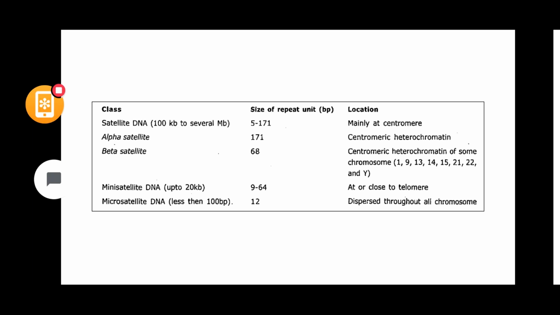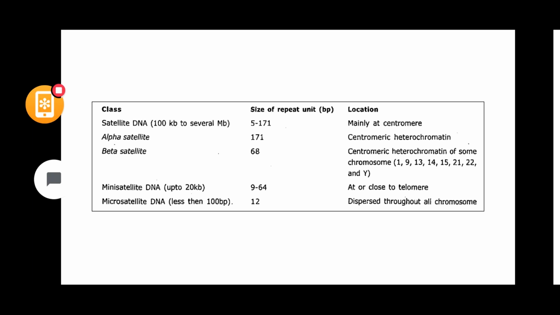Now the minisatellite DNA cluster size is up to 20 kb, with a repeat unit of about 9 to 64 base pairs. As I told you, it is present near the ends of the chromosome, like telomere DNA sequences.